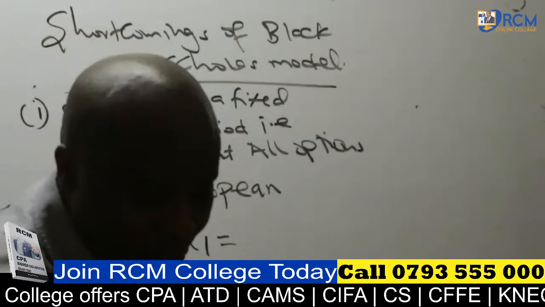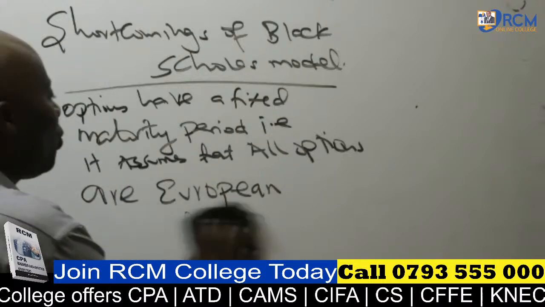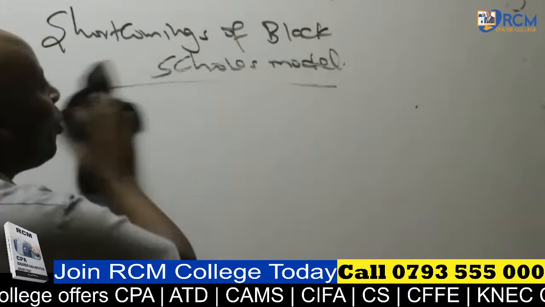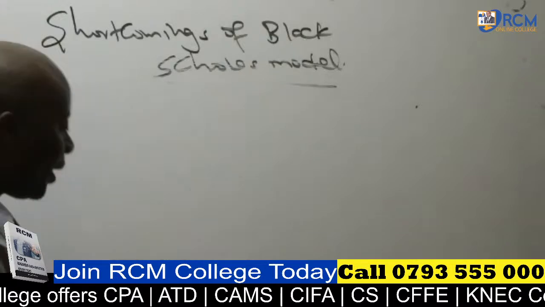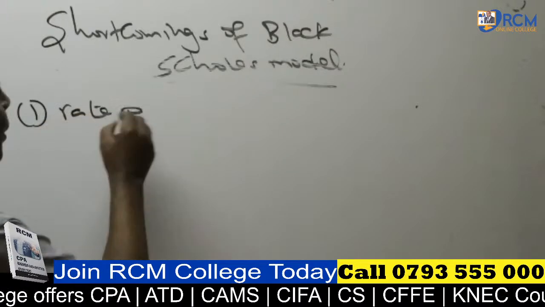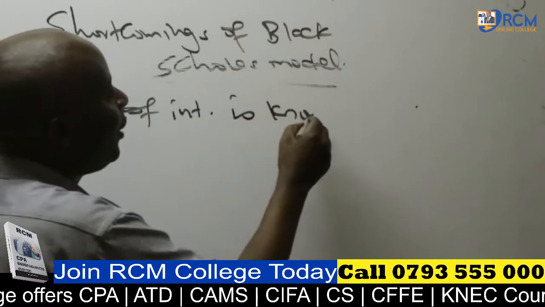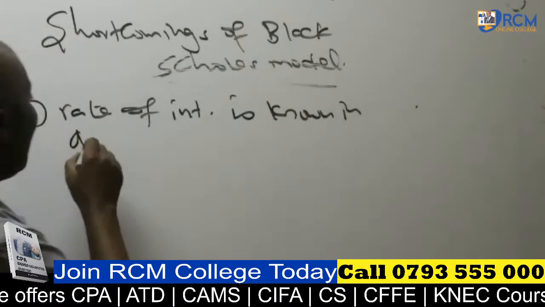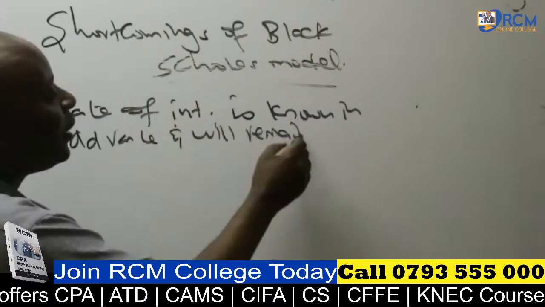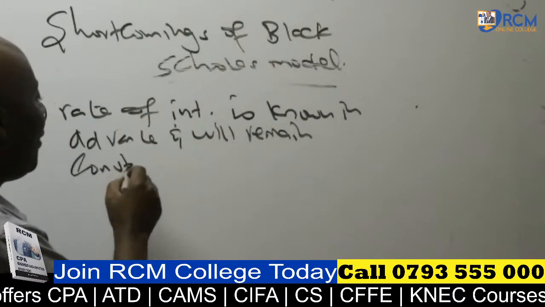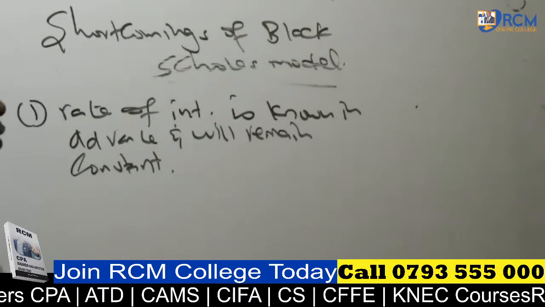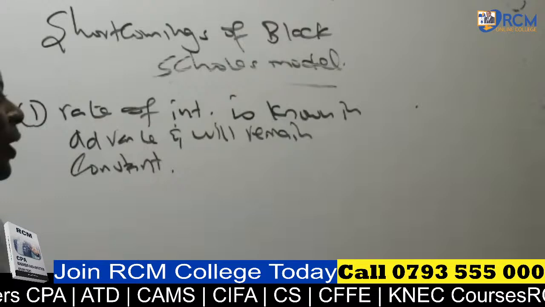So number two, the other assumption that you are supposed to remember very fast here is that this Black-Scholes model assumes that the rate of interest is known in advance and will remain constant.